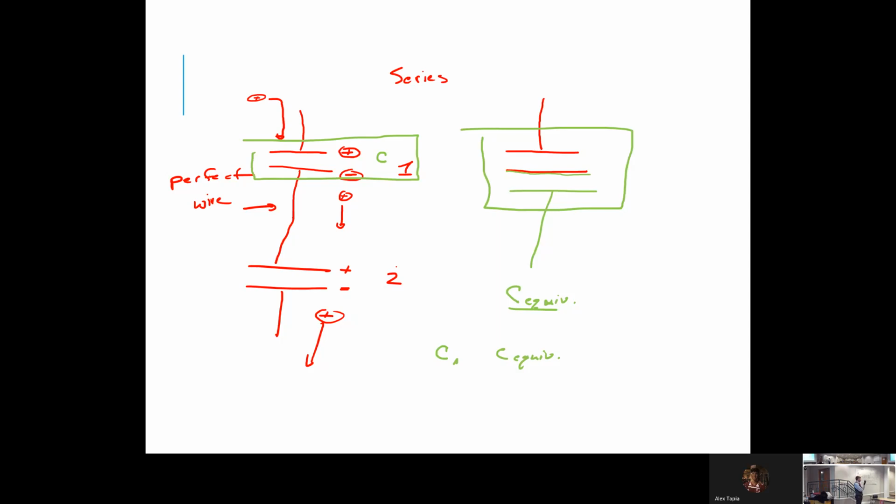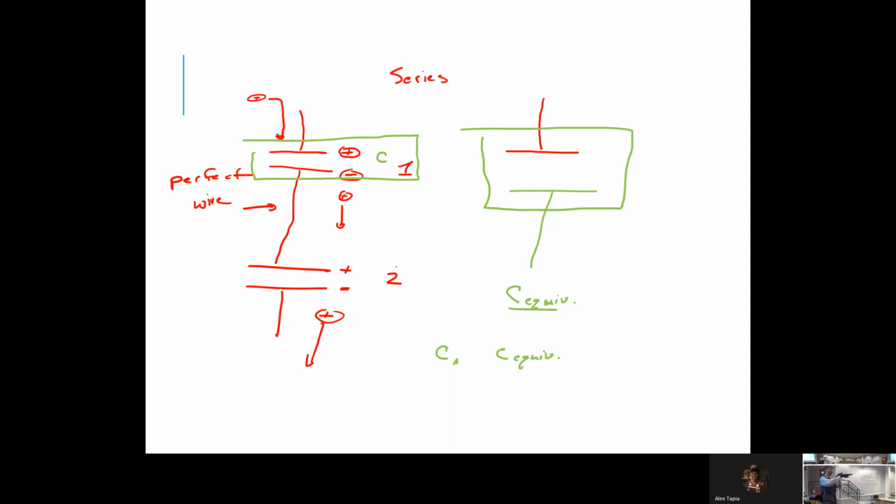Did the distance between the two plates increase or decrease, or stay the same? On the equivalent one, the bottom of the top plate and the top of the second plate would basically be touching. Would that cancel out? Yeah.